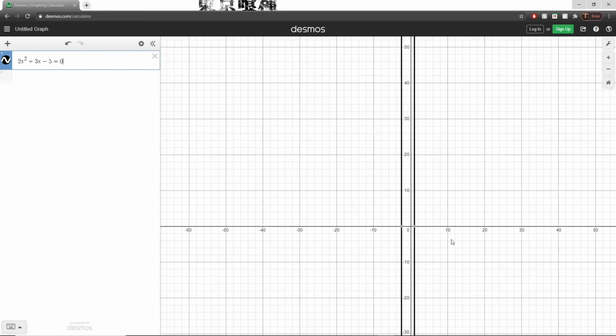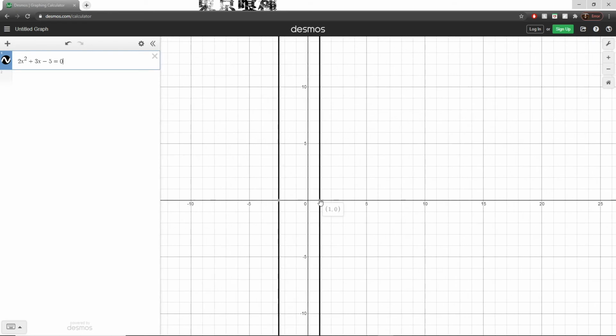So here is our problem. If I zoom in here, click on the gray dots. Remember again, the numbers at the beginning of the parentheses are your solutions. Negative 2.5, which is the same as negative 5 over 2, and then a 1. We got the same answers. Great checking tool, checking this by graphing.